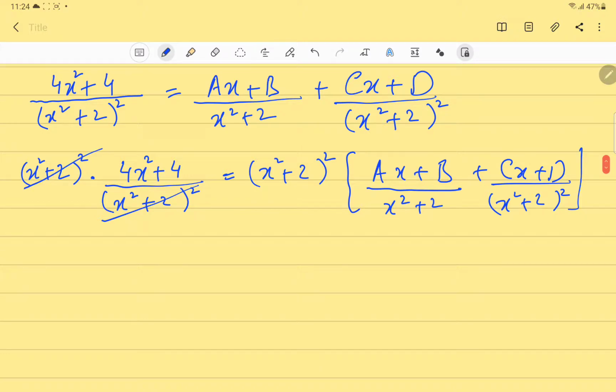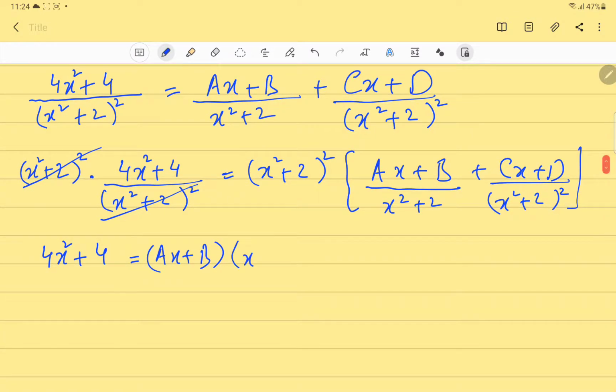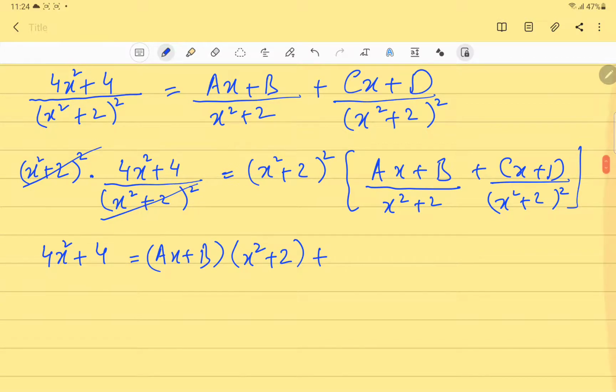This cancels with this and we are left with 4x squared plus 4 is equal to, we will multiply x squared plus 2 whole squared with both the terms, so we will be getting ax plus b into x squared plus 2, and then plus cx plus d.